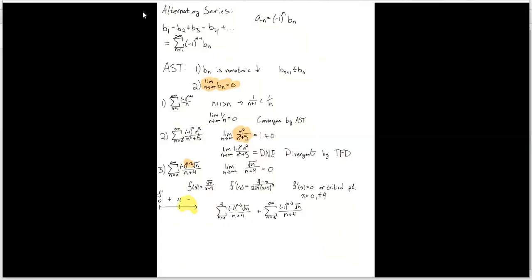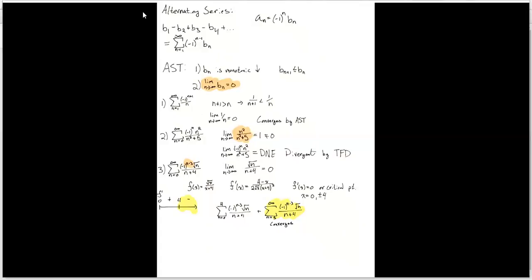So what does that mean about this sum here? Well, we know that the limit goes to 0, and we know that all the terms now are monotonically decreasing. So that means that this guy in yellow converges. And what can we say about the guy over on the left here? Well, this is only from 0 to 4, right?